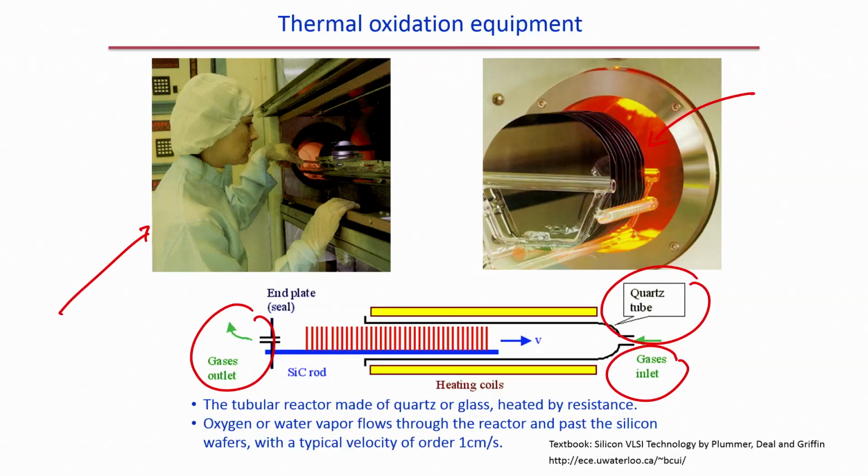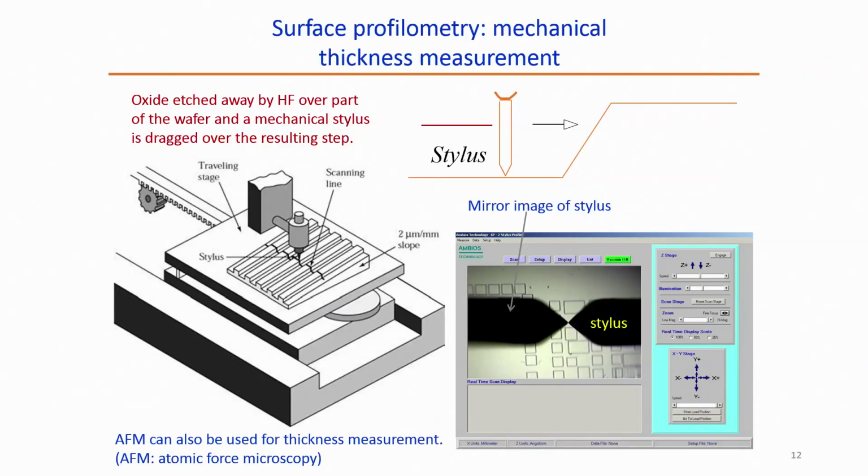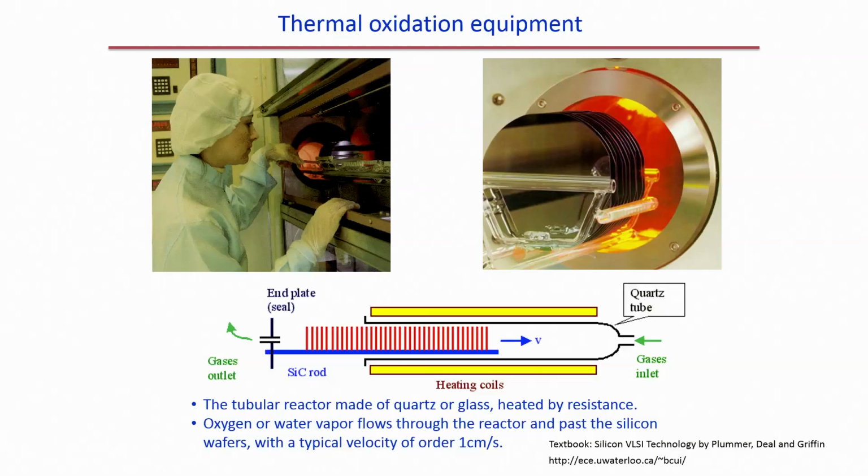The typical velocity of oxygen or water vapor that flows through the reactor is around 1 centimeter per second. Now, let us say I have a silicon wafer.